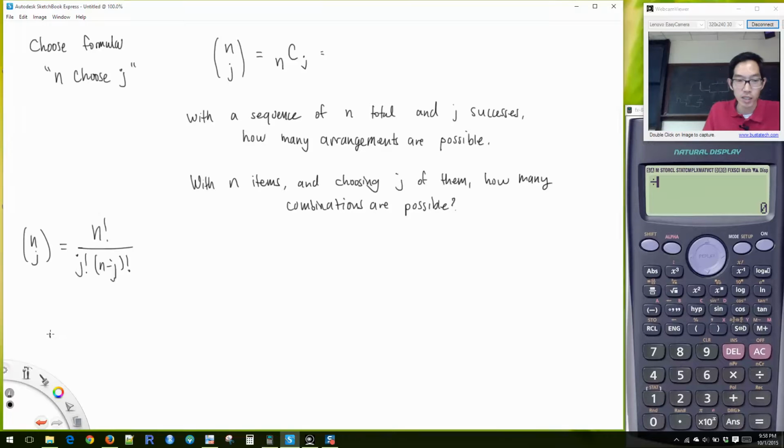Maybe you have to hit math and then navigate to PRB, or maybe you can hit PRB directly, and then you'll find nCr somewhere in there. So we could have answered this by saying 4 choose 1, and it says there are 4 ways to do this.